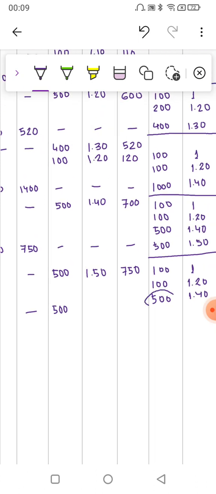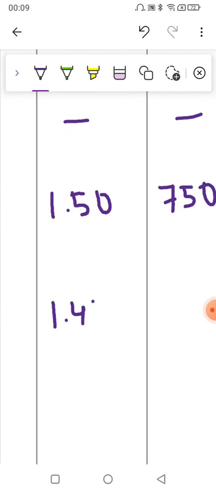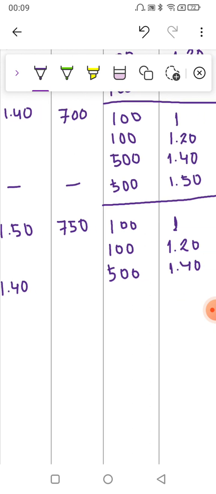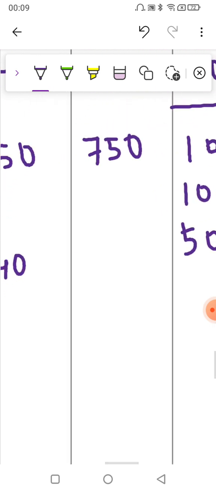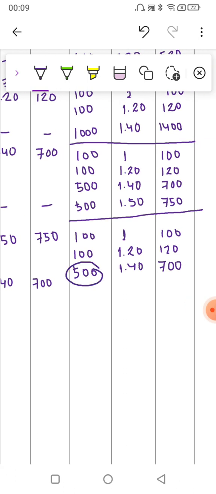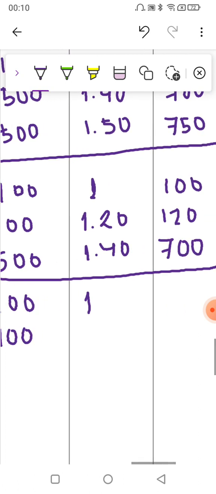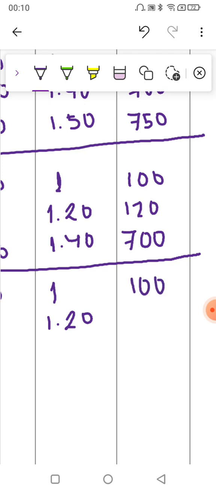This 500 will be taken from this most recent lot that we have of 1.40. So if we multiply, it would amount to 700. So basically, this 500 lot, the latest lot is gone. Now what we are left with is the 100 lots of 1 rupee and the 100 lots of 1.20. Amount being 100 and 120.